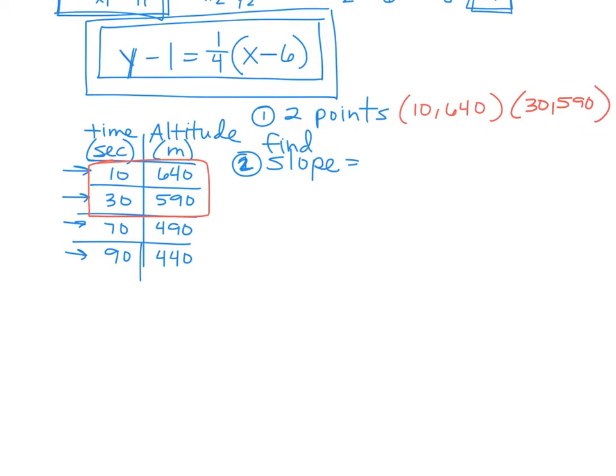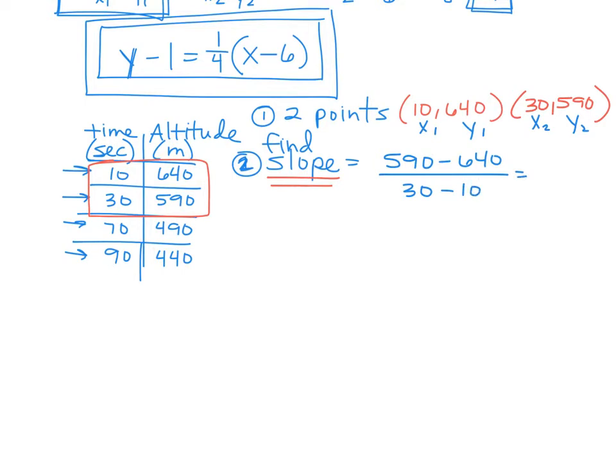Then your job, step 2, is find the slope. How do you find slope from 2 points? Call this x1, y1, call this x2, y2, and plug it into y2 minus y1 over x2 minus x1. So 590 minus 640 over 30 minus 10.